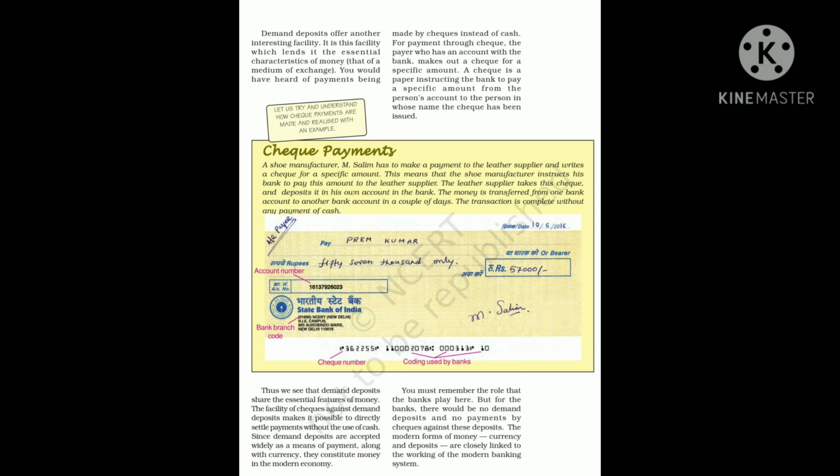Demand deposits are considered as money since the depositor can withdraw this money in three ways. First one is by writing a check in favor of self. Second, by writing a check in favor of a third party. Third is using debit card at ATM.